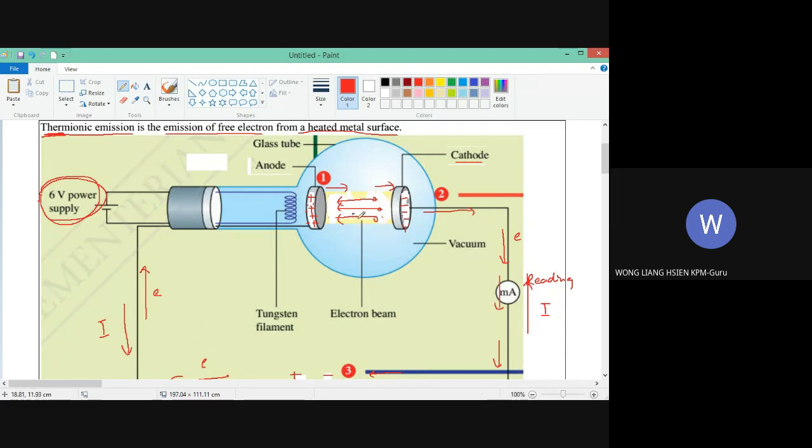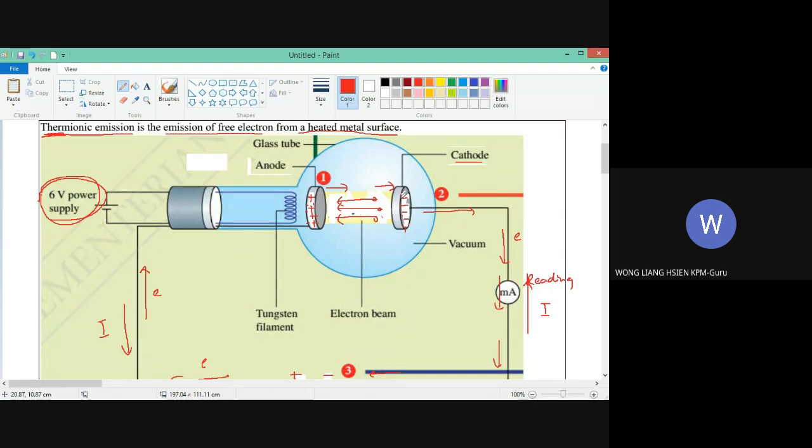So why can no electrons go in the opposite direction? The reason is because this cathode is not heated. Because it's not heated, the electrons on the surface do not have enough energy to escape.